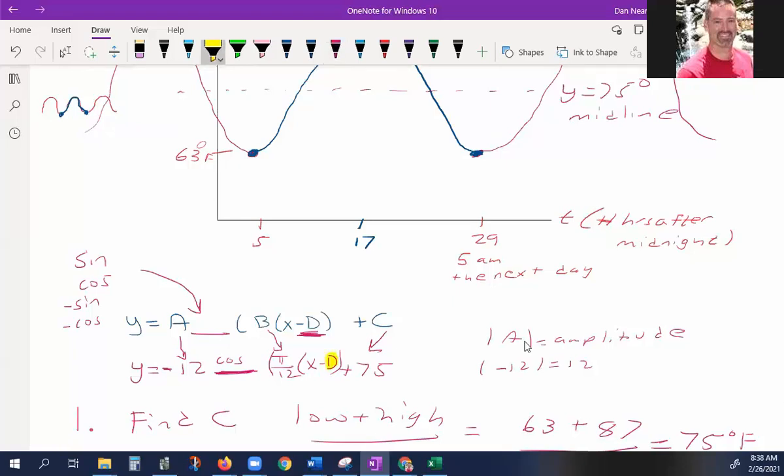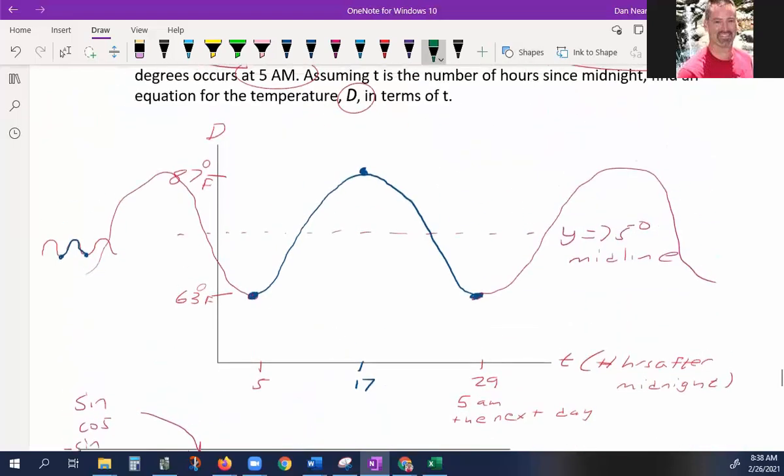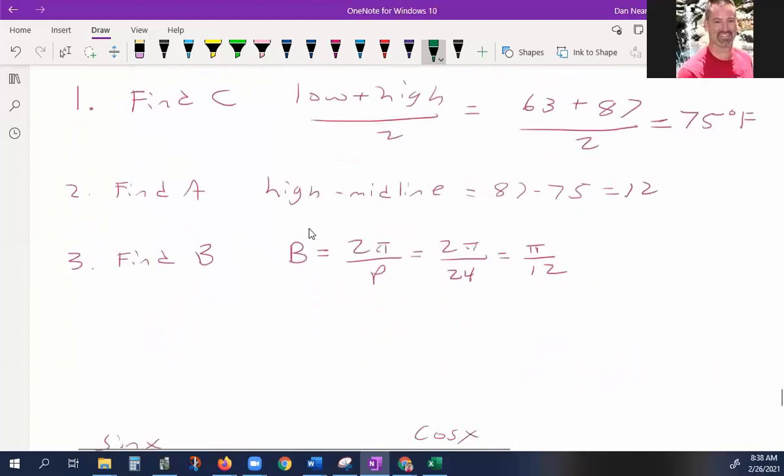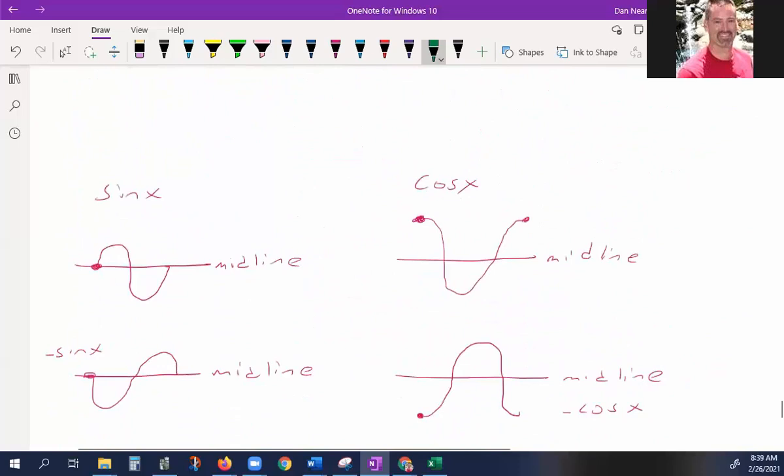Why do I even have to have a D value? Why can't I just have x minus 0 here? Because of this. If you don't have a D value, or more precisely, if D is 0, what your graph would look like is you would get the low temperature of 63 at 0. So I failed to put that in all of my models here. But because there's no shift, right? If you want, you could fill in an x minus 0 in all of these.